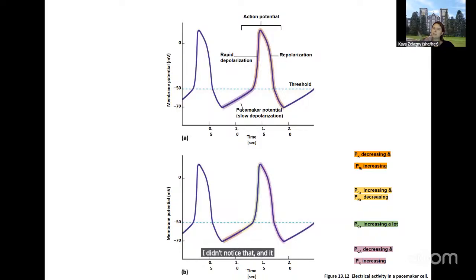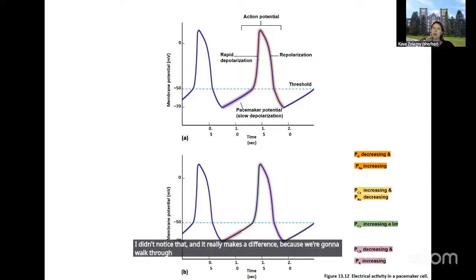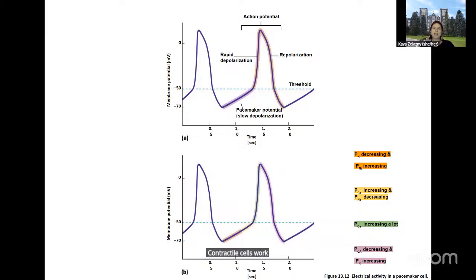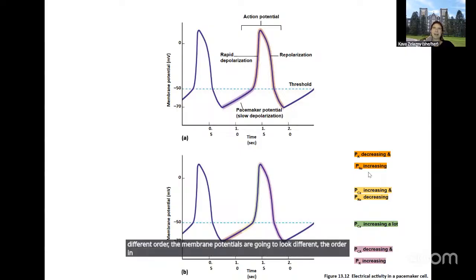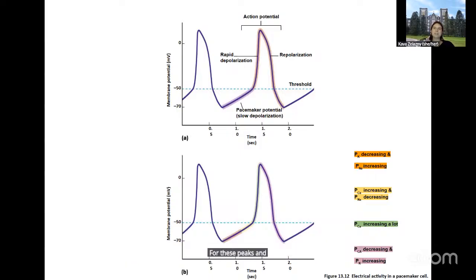And it really makes a difference because we're going to walk through how the heart cells, the actual contractile cells, work too. And if you don't notice that you're talking about a different type of cell, it gets super confusing because there's a totally different order. The membrane potentials are going to look different. The order in which these ions move is going to look different. What's the most important part for these peaks and valleys is going to be different. So make sure you've got yourself oriented to what type of cell we're talking about.